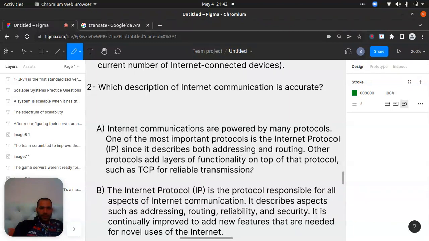Other protocols add layers of functionality on top of IP, such as TCP for reliable transmission, right? That's true. Next option: the Internet Protocol is the protocol responsible for all aspects of internet communication. It describes aspects such as addressing, routing, availability, and security. It is continually improved to add new features that are needed nowadays.